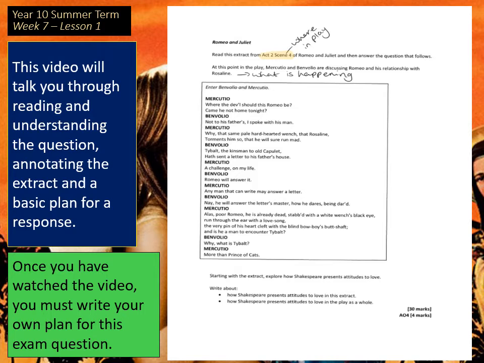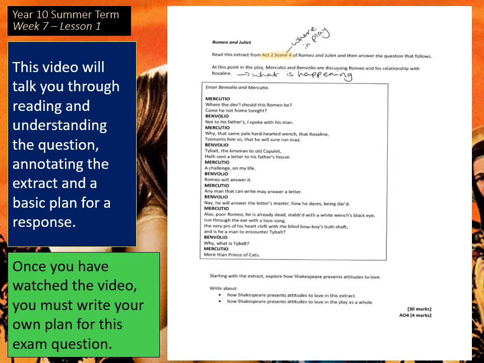Enter Benvolio and Mercutio. Mercutio: "Where the devil should this Romeo be? Came he not home tonight?" Benvolio: "Not to his father's, I spoke with his man." Mercutio: "Why, that same pale, hard-hearted wench, that Rosaline, torments him so that he will sure run mad."